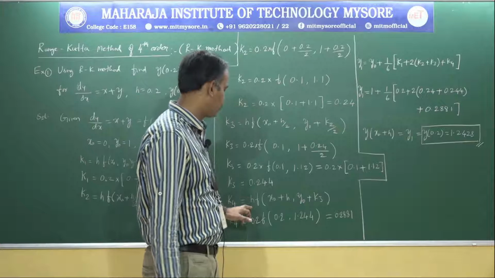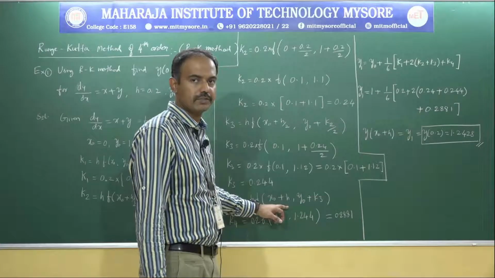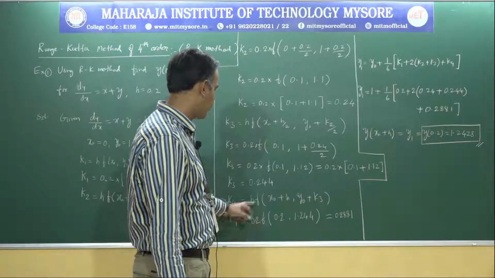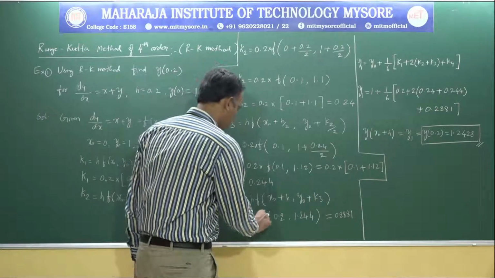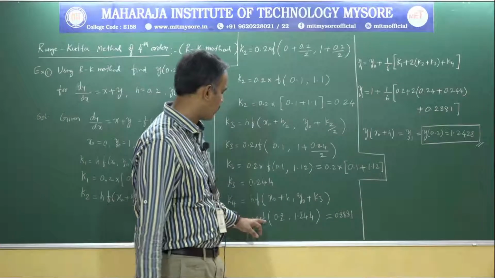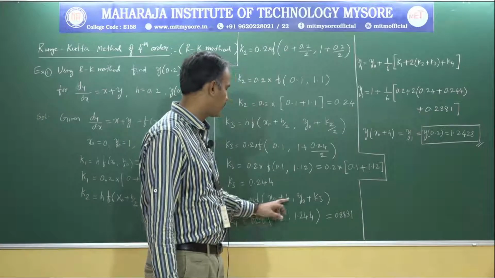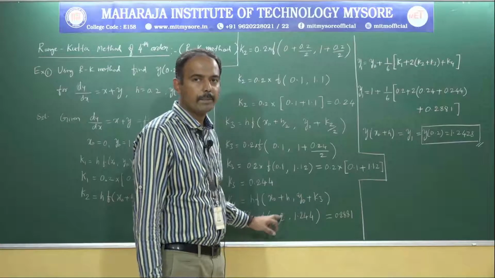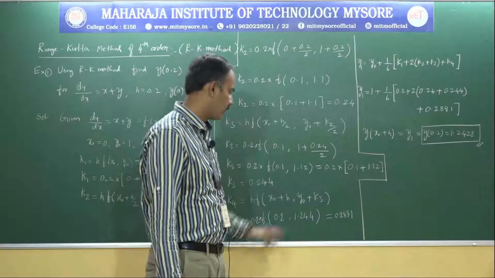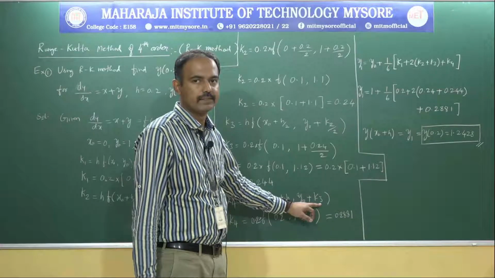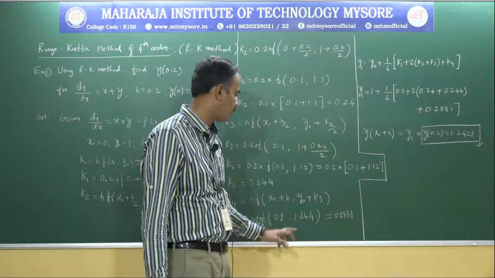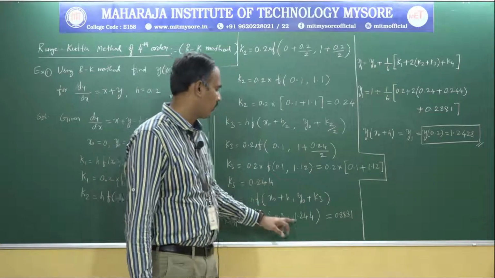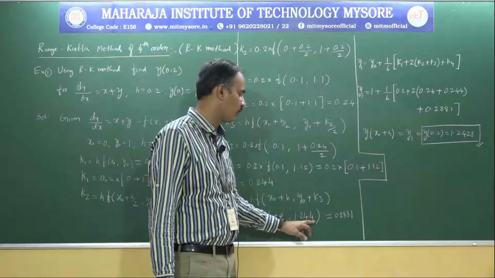Now the next one, k4. K4 is h f of x naught plus h comma y naught plus k3. Here the h value is 0.2, into f of x naught plus h. The x naught value is 0 and h value is 0.2, so I directly took 0.2. Next, y naught plus k3: y naught is 1 and k3 is 0.244, so after simplification 1.244.